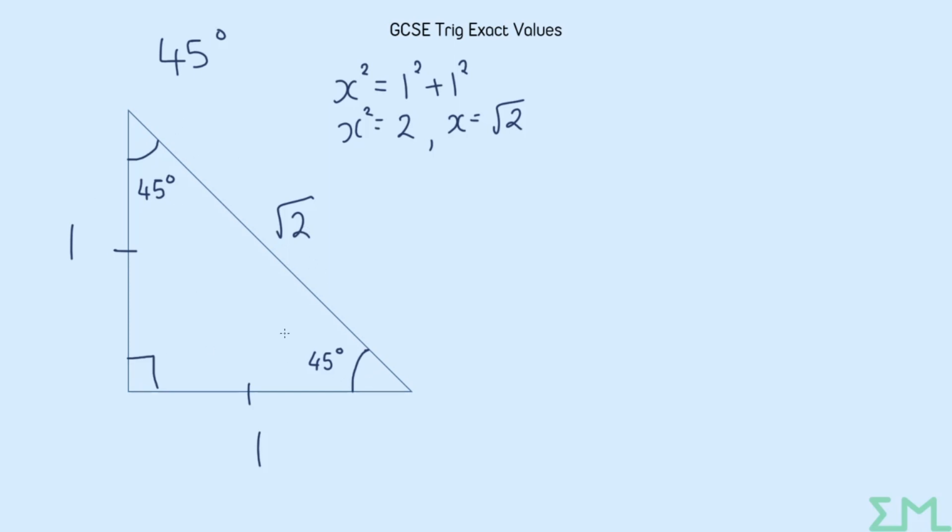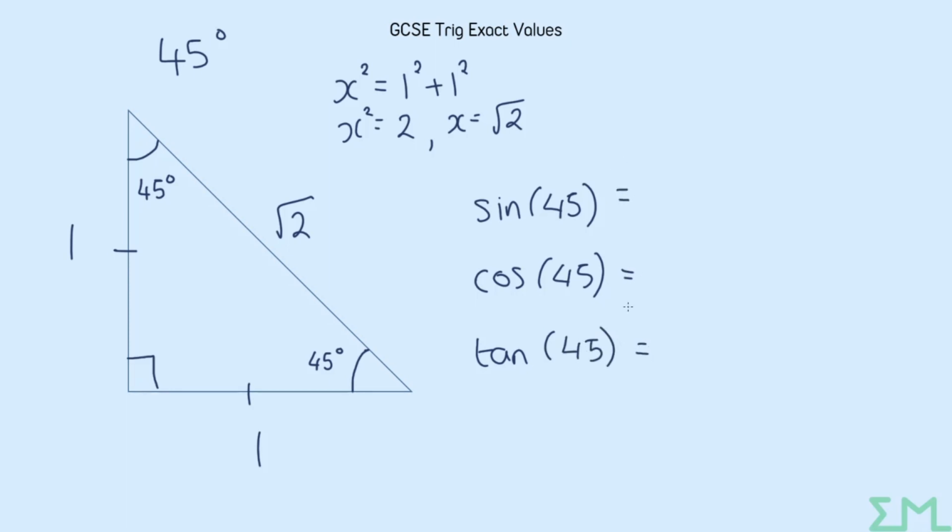Now, once we've drawn this triangle, we are free to write down the values of sine 45, cos 45, and tan 45. Remembering SOHCAHTOA, sine is opposite over hypotenuse.